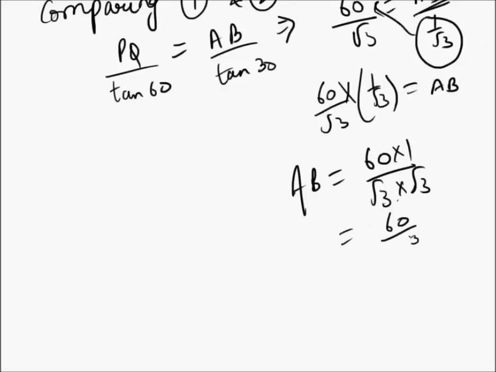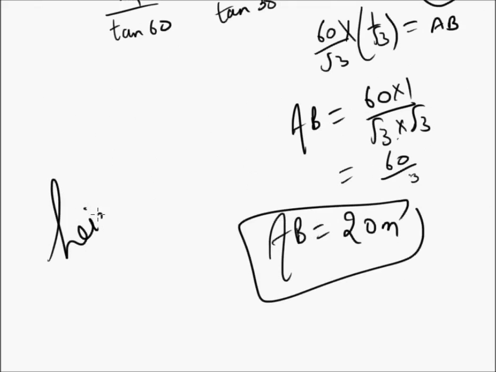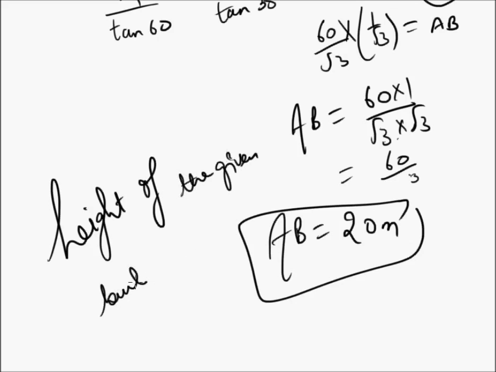So AB comes out to be 20 meters, that is height of the given building in the question is 20 meters.